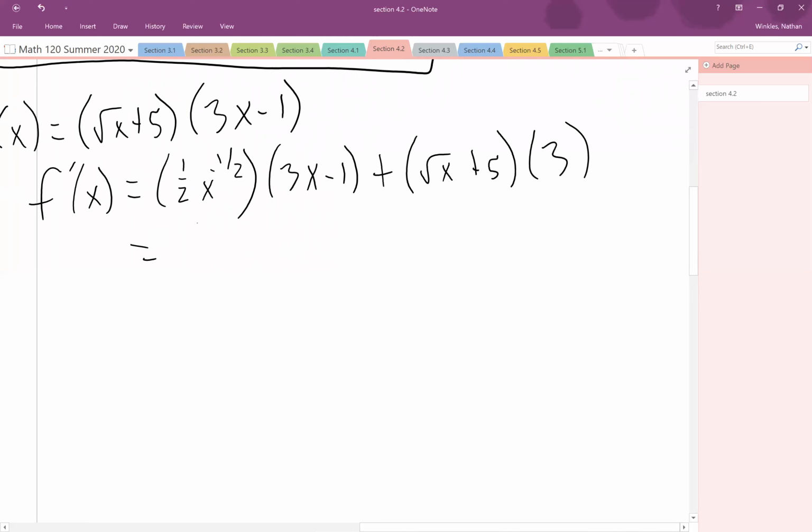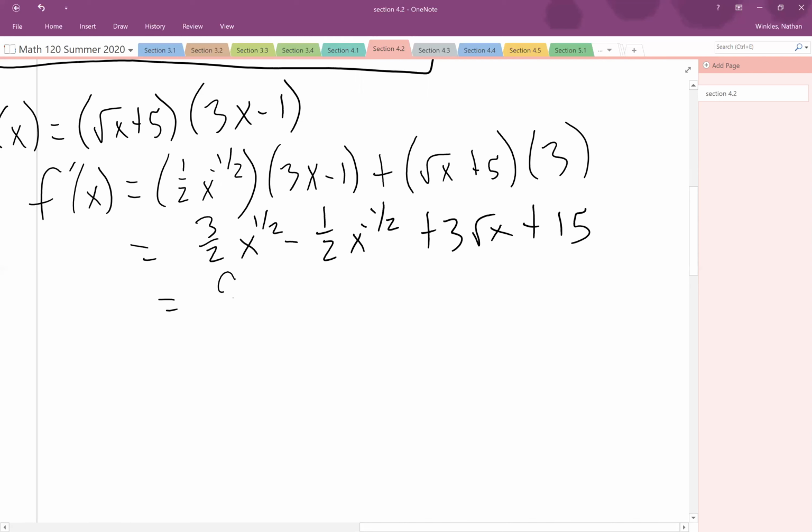So we end up with 3 over 2x to the 1/2 minus 1/2 x to the negative 1/2 plus 3 on the square root of x plus 15. Simplifying this, we would end up with 9 over 2 on the square root of x minus 1 over 2 times the square root of x plus 15 as our f prime of x.